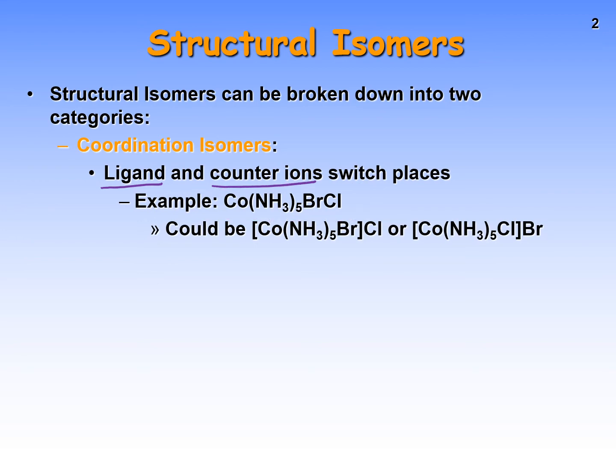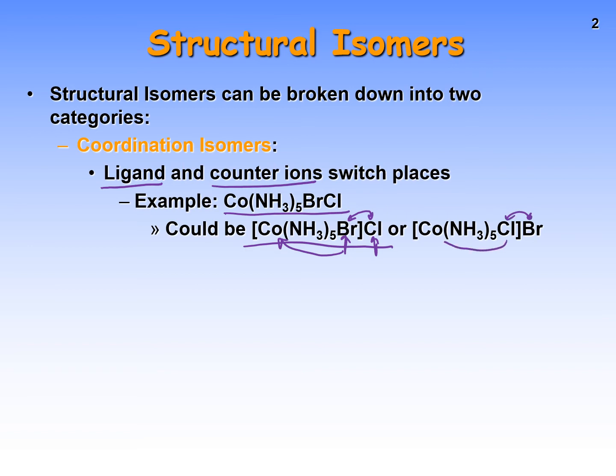For instance, this molecular formula could be this, where we have the Br attached to the cobalt via a coordinate covalent bond, and the Cl as an ionic interaction. But the Cl and the Br can switch places, like over here.